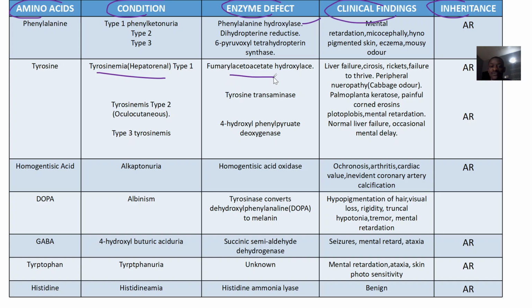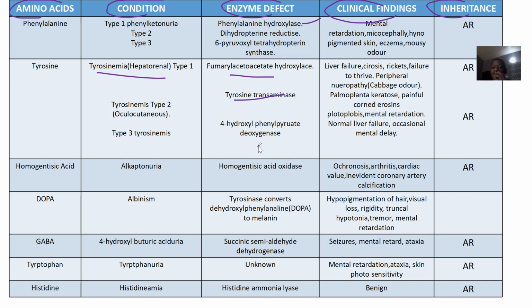Type 1 is fumarylacetoacetate hydrolase. Type 2 is tyrosine transaminase. Type 3 is 4-hydroxyphenylpyruvate dioxygenase.